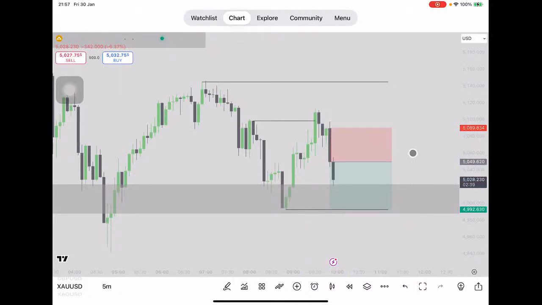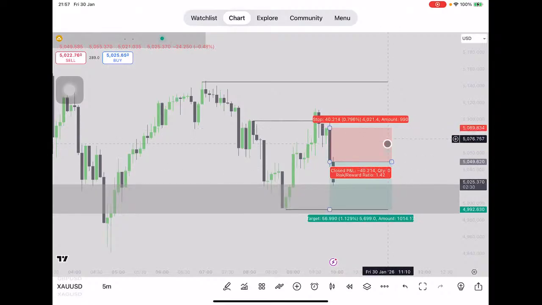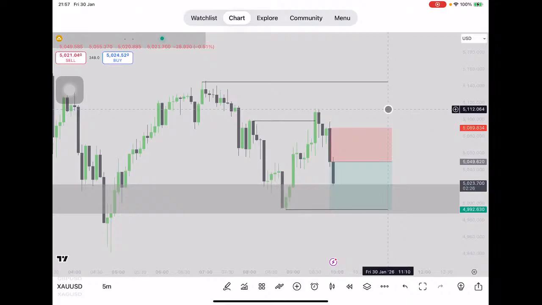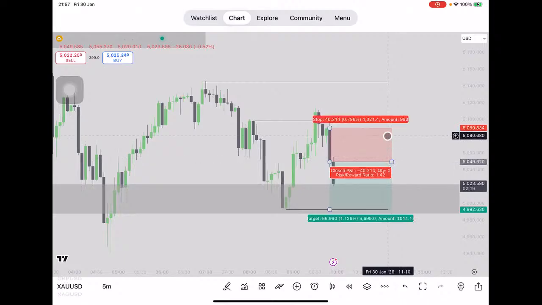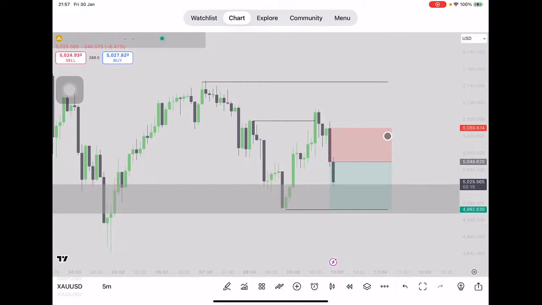Something like that, a 1.4R. But you see that? Look at that stop loss. That's a 400 pip stop loss on gold. Even if you trade the smallest lot size, like 0.01, that's $40.